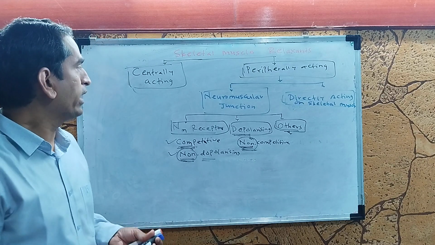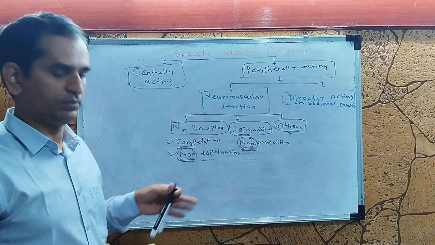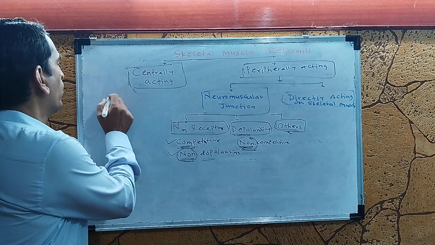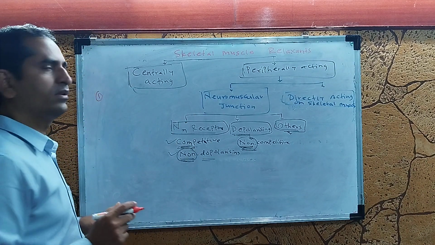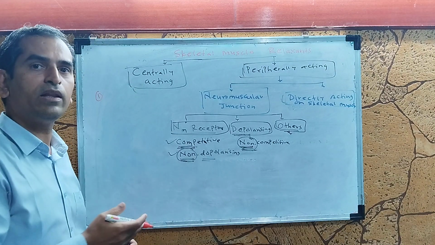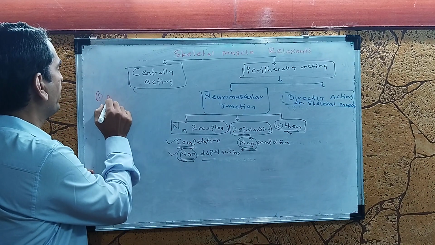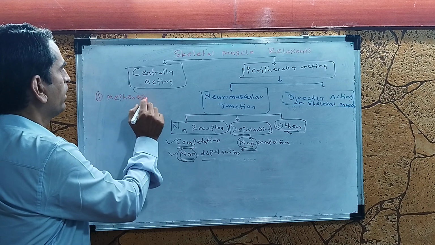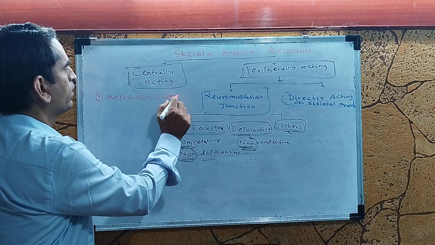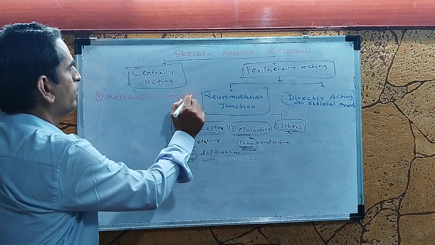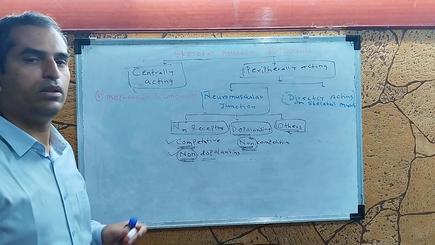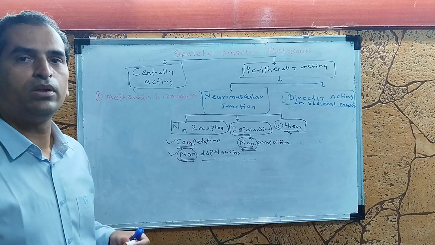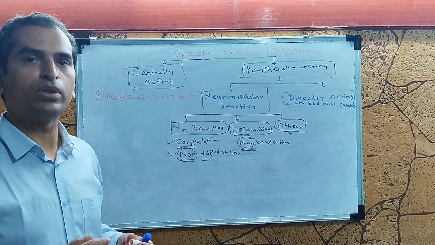Now let's talk about the examples of the drugs in these categories. Number one, the centrally acting drugs, they are of different categories. One of the categories is called the mephenesin derivatives, mephenesin and congeners. Mephenesin is not commonly used as a skeletal muscle relaxant because of its toxicity.